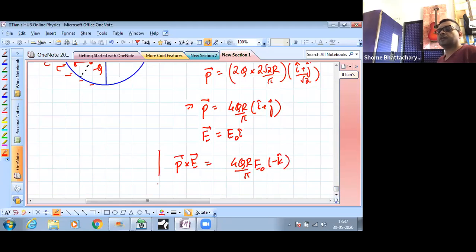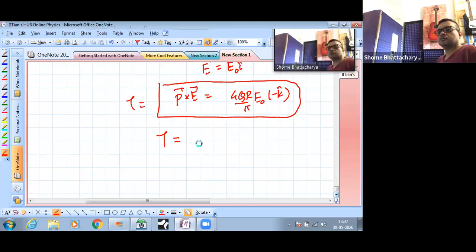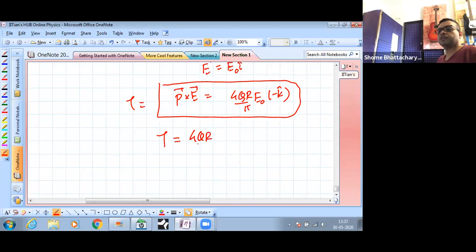So that's fine. And now you can also see that the magnitude of the torque is this, and just substitute the value of q, so you get the same thing that you got earlier, 4 qr by pi e naught. So that is 4 into 1/4 of sigma into 2 pi rl, r e naught by pi.